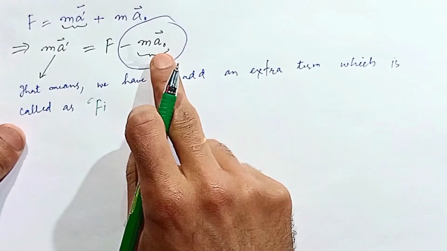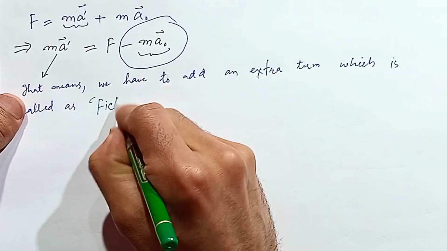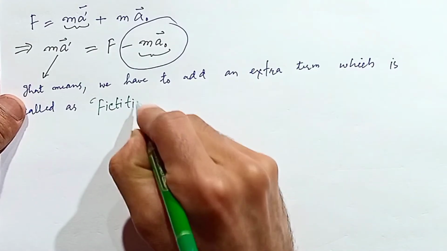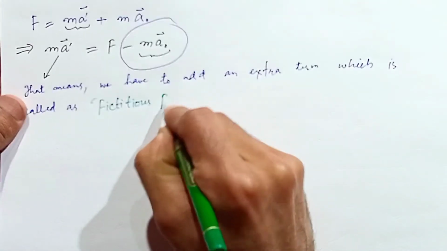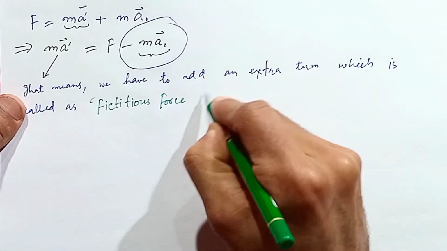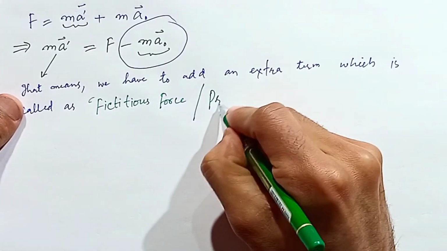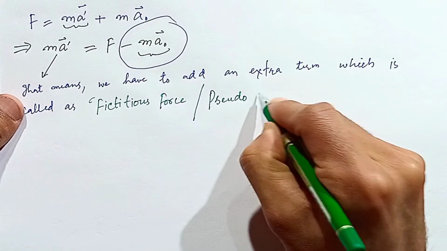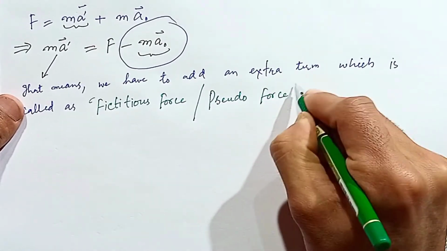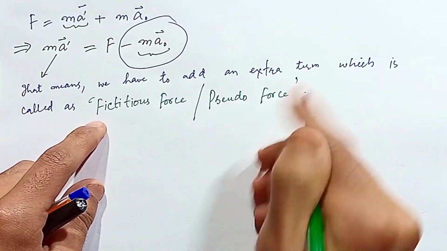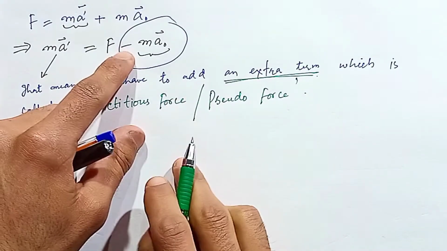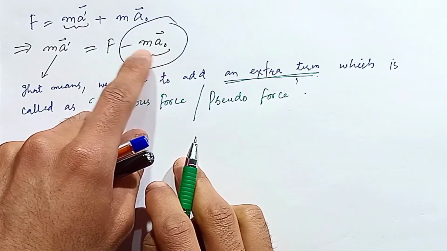This force is called the fictitious force, or also the pseudo force. This extra term we need to add is the minus times this very thing.